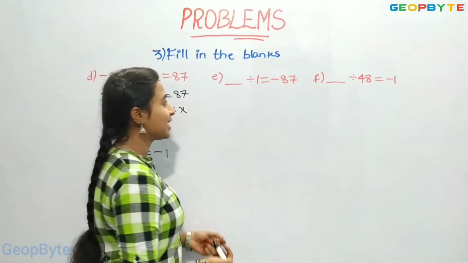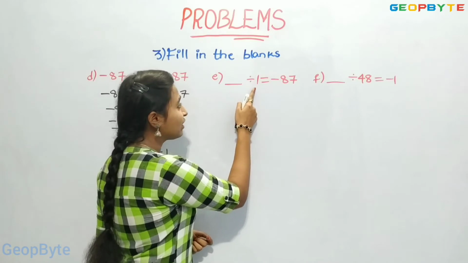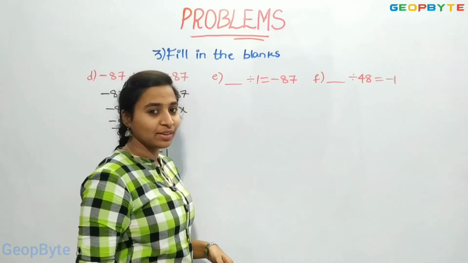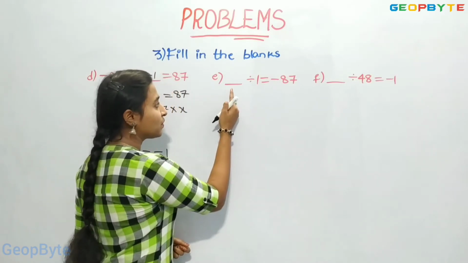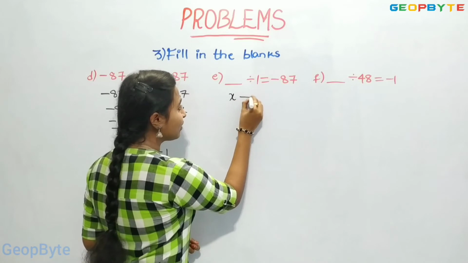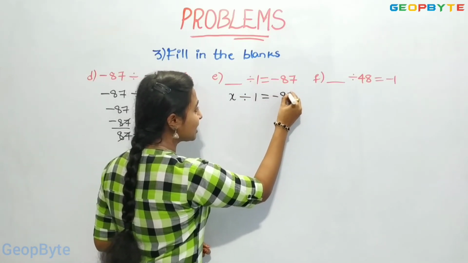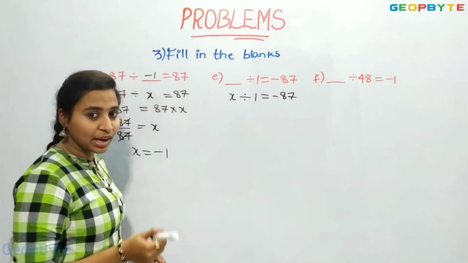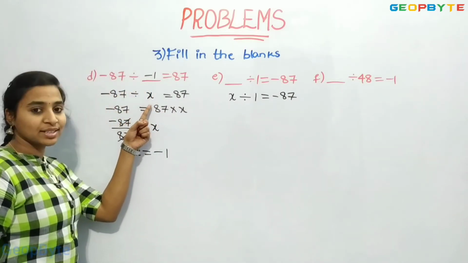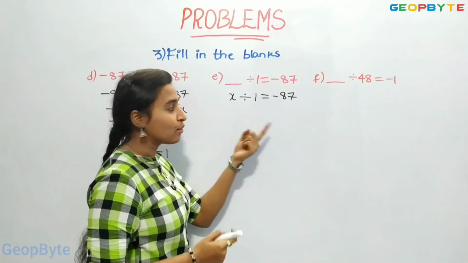Now, let us see the E bit. We have dash divided by 1 is equal to minus 87. We will assume this missing integer as x. x divided by 1 is equal to minus 87. Till now, we had the divisor symbol for x. Now, we have this symbol for the number 1.